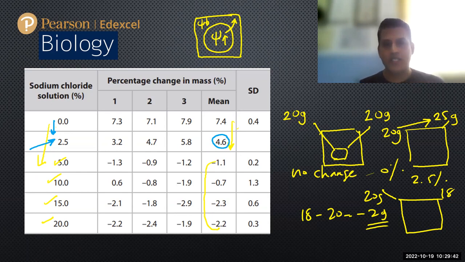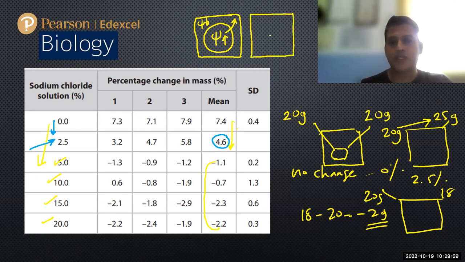If the water potential is high inside the onion, then the water moves by osmosis, because the outside water potential is less. Other way is, if the onion water potential is less and outside water potential is high, water moves by osmosis into the onion.